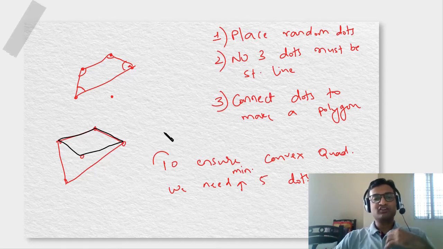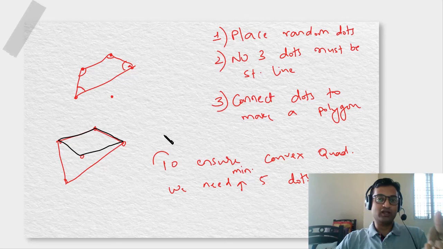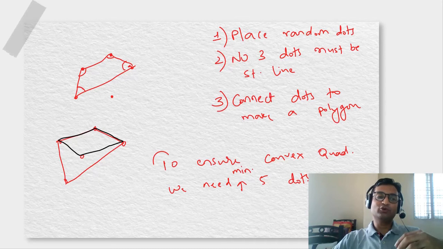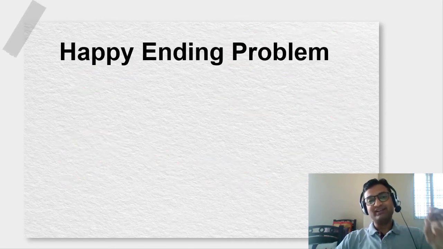So the theory says we need a minimum of 5 dots to make a four-sided convex polygon. But is there a rule or theory for making a pentagon? Yes, there is. Is there a rule for making a hexagon as well? Yes, there is. This particular problem is known as the happy ending problem.